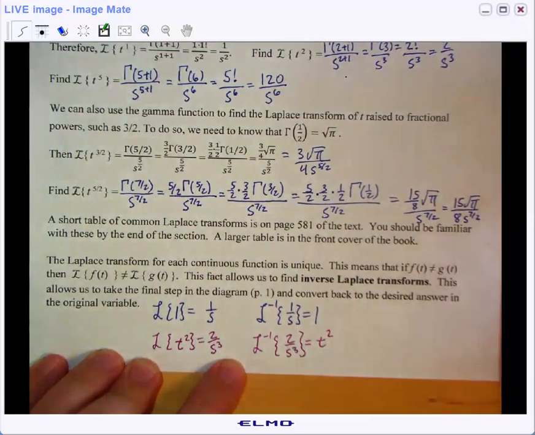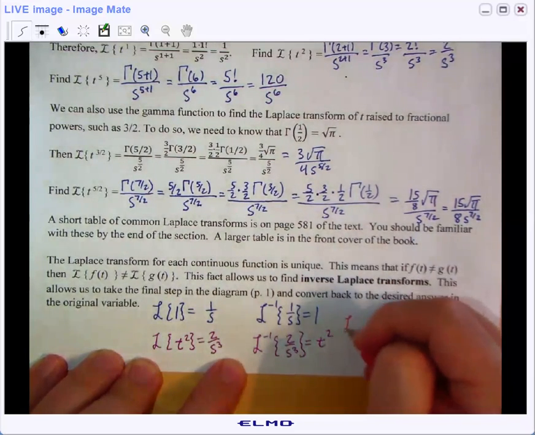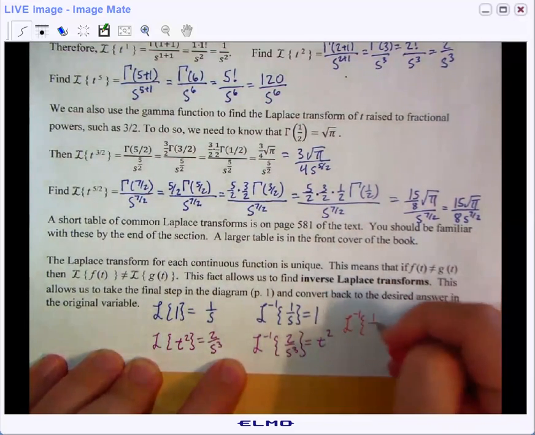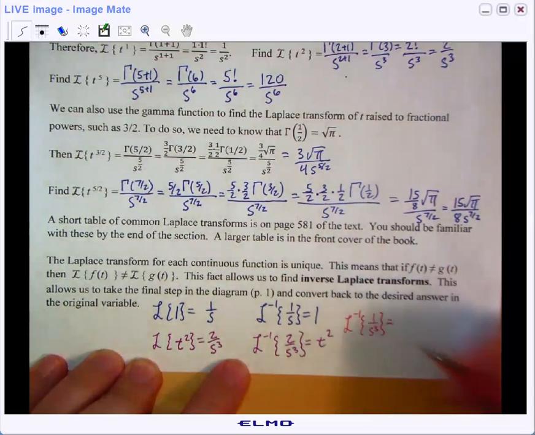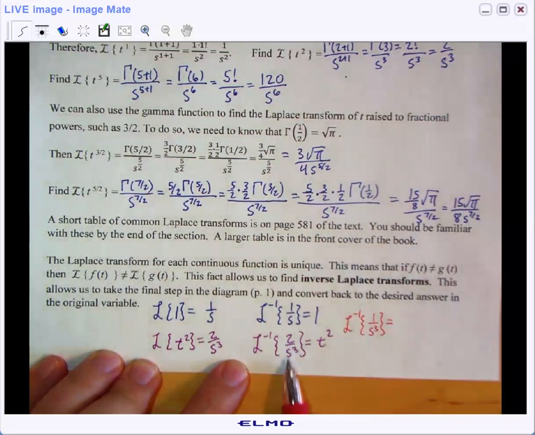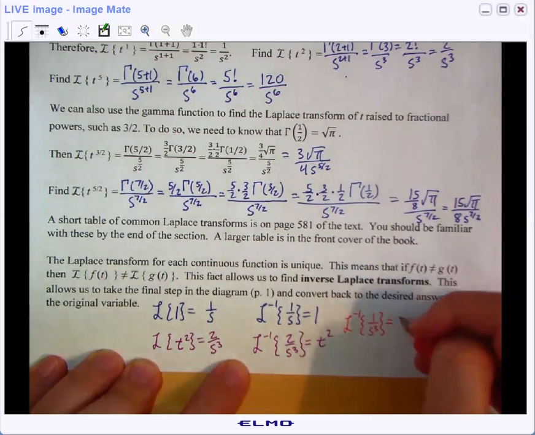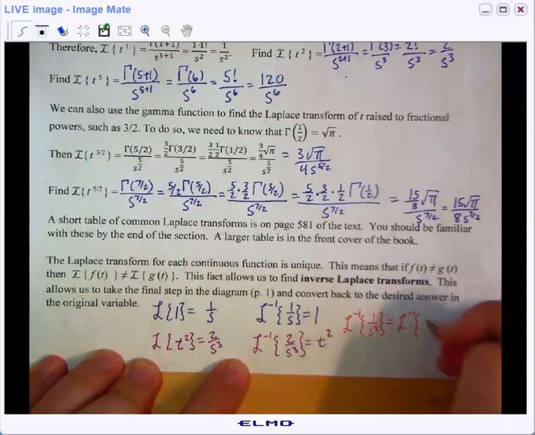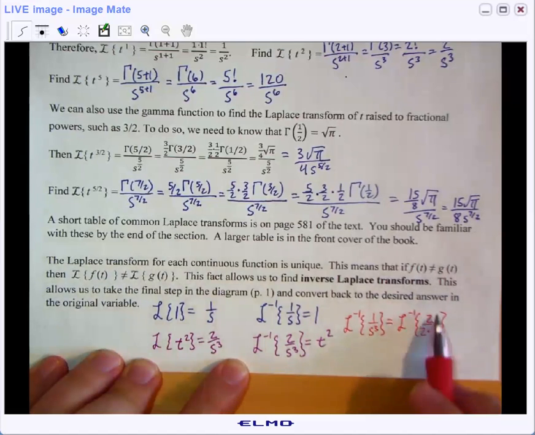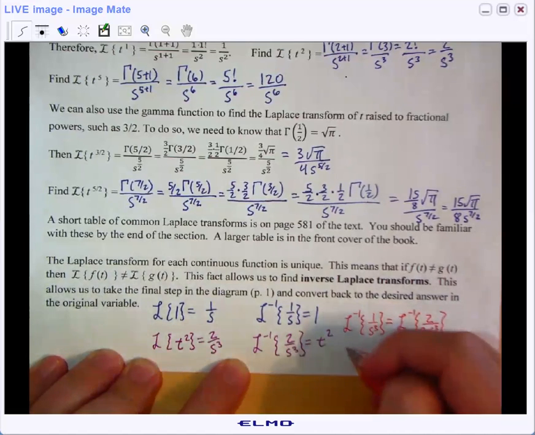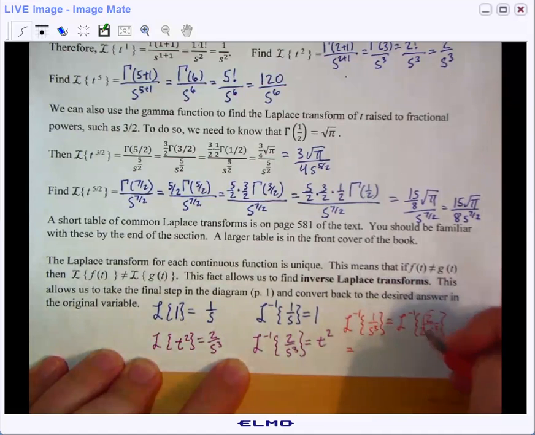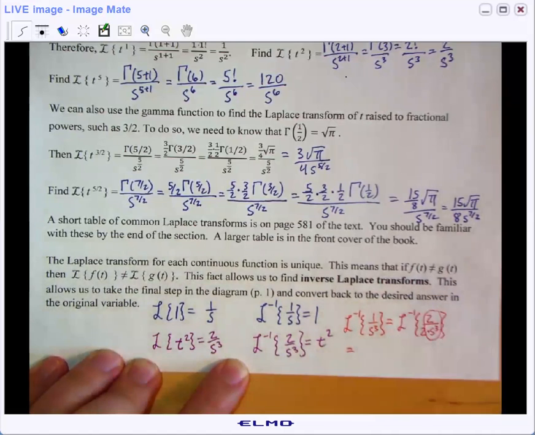Now, sometimes we end up with something like the inverse Laplace transform for 1 over s cubed. And what we do is we recognize, hey, that's similar to somebody I do know. So let me write this as the inverse Laplace transform of 2 over 2 times s cubed. Notice how I've multiplied by just a 1, 2 over 2, which I can then say, hey, I know the Laplace transform of 2 over s cubed, so I can factor out the 1/2.